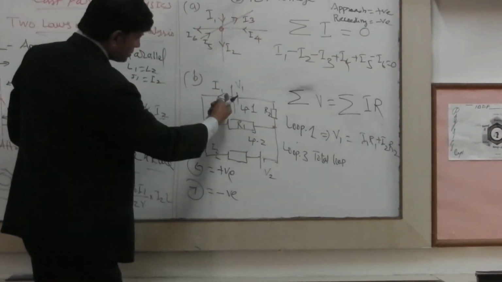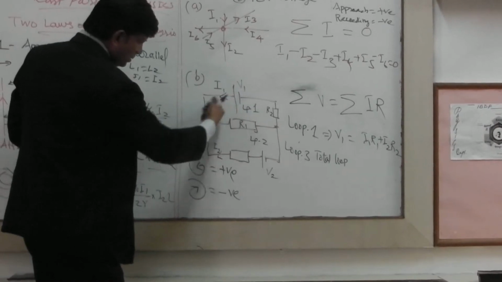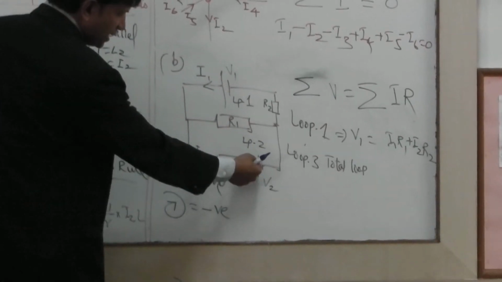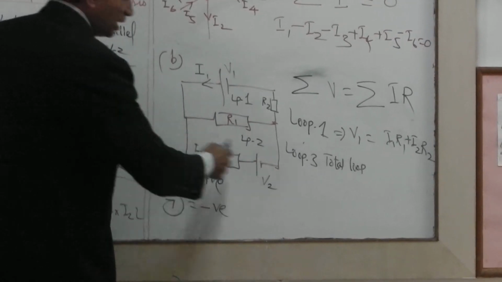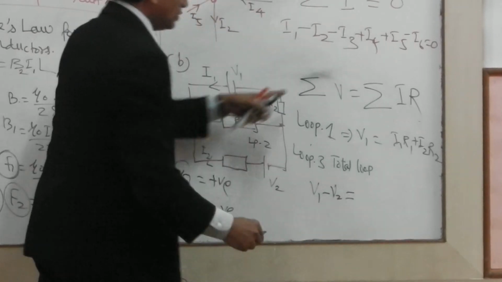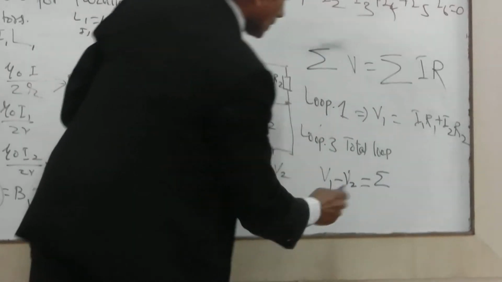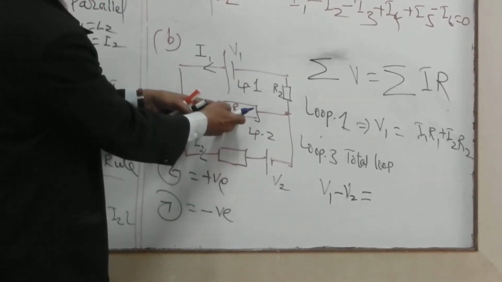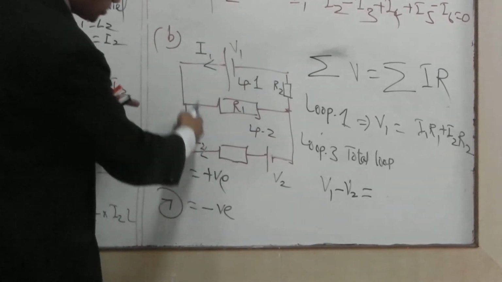There are two batteries. This is V1, but this battery is in the reverse way, so it is sending current in the reverse way. So I will be writing V1 minus V2 is equal to the summation. This will not come into the picture in this loop I am taking.